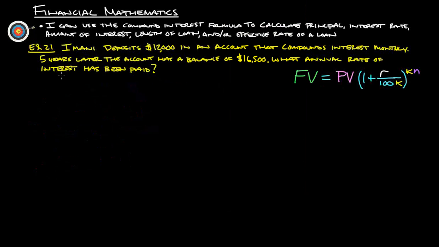Okay, so example 21. Amani deposits $12,000 in an account that compounds interest monthly. 5 years later, the account has a balance of $16,500. What annual rate of interest has been paid?